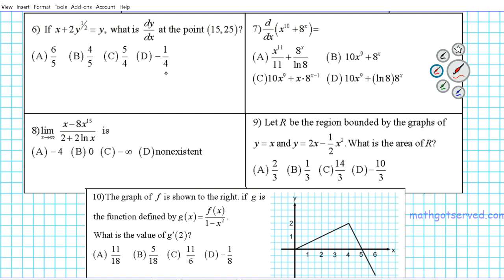The answer to question number 6 is option letter C. For number 7, the answer is option letter D. For number 8, the answer is option letter C. For number 9, the area between the 2 regions, the answer is option letter A. And then lastly, for question number 10, g prime of 2, the derivative at 2 of this function is 5 over 18, option letter B.